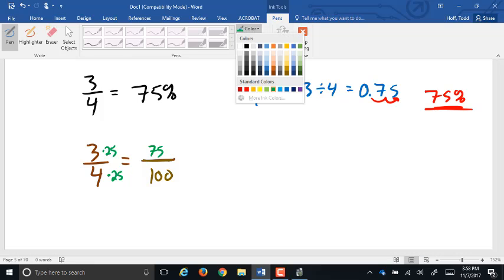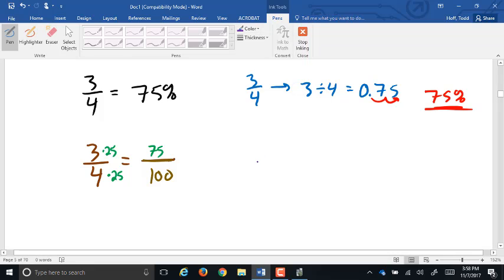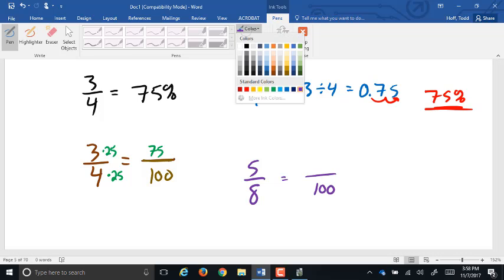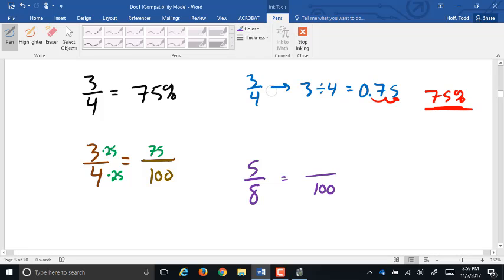But what if it was one that wasn't quite that simple? What if it were 5/8? Well, looking at this, what do you multiply 8 by to turn it into 100? Isn't so obvious, is it? To figure that out, we would do 100 divided by 8. That would give us that number there, right? Once we get that number, we're going to multiply the top by that.